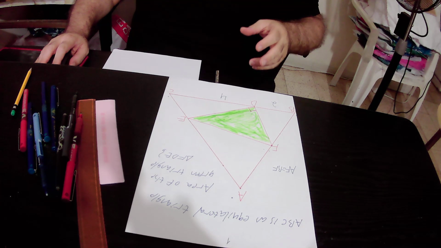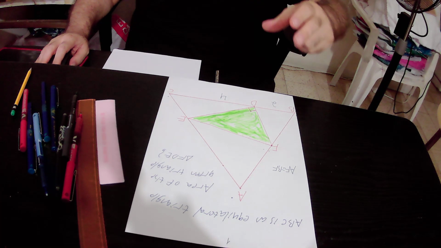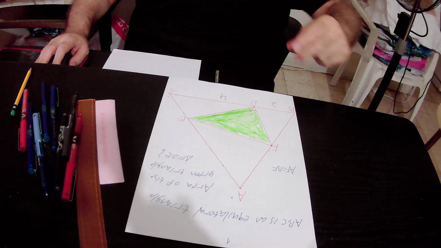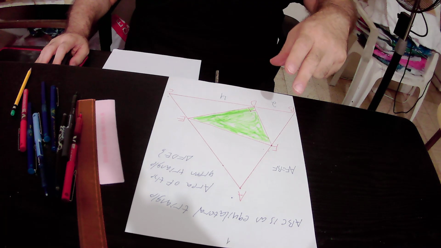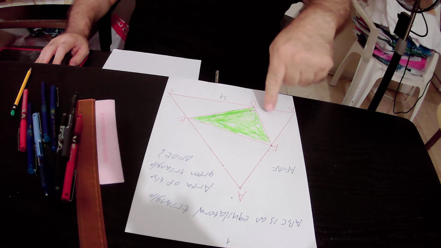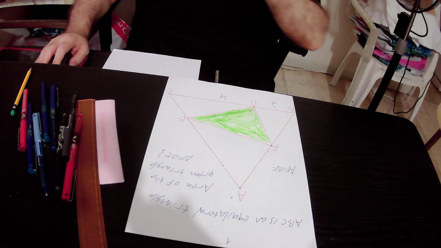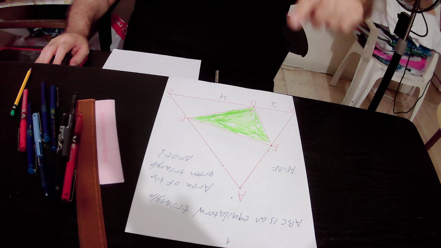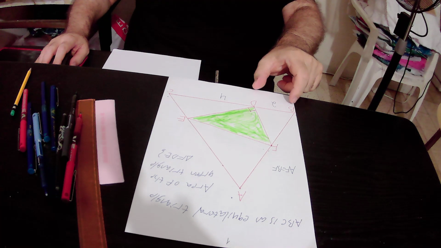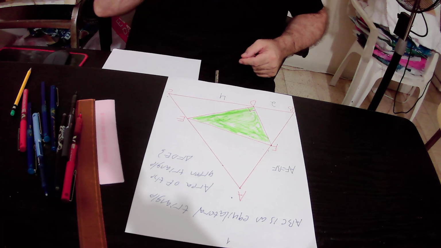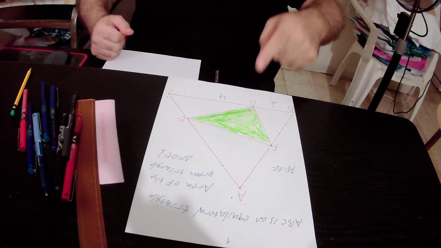In the drawing, we have a triangle ABC that is an equilateral triangle, and inside triangle ABC we have the green triangle that is also a right triangle because angle FDE equals 90 degrees, and we know that AF equals BF, BD equals 2 units and DC equals 4 units, and we want to find the area of the green triangle.